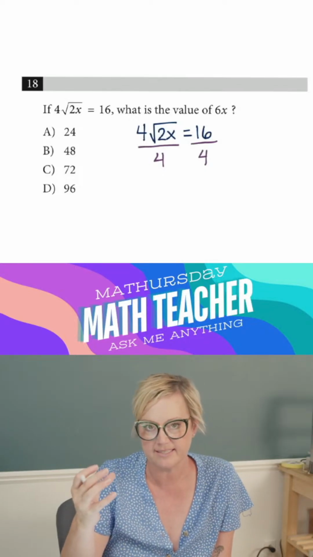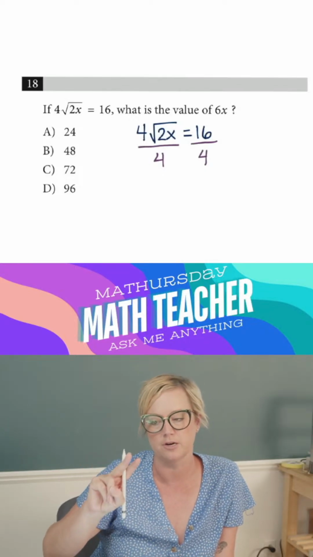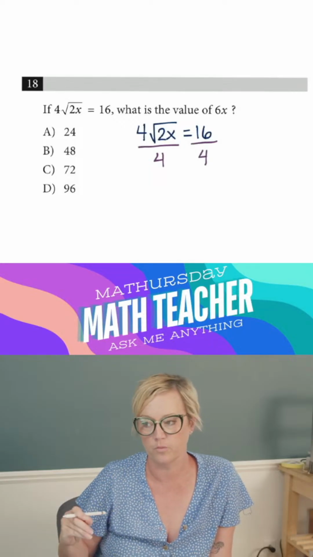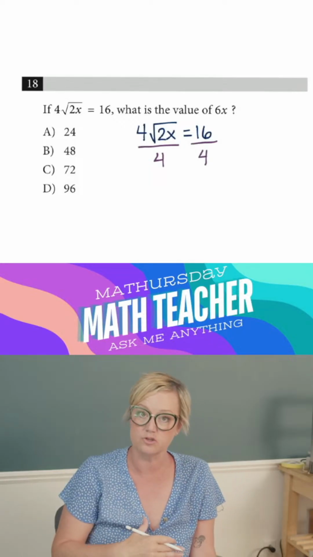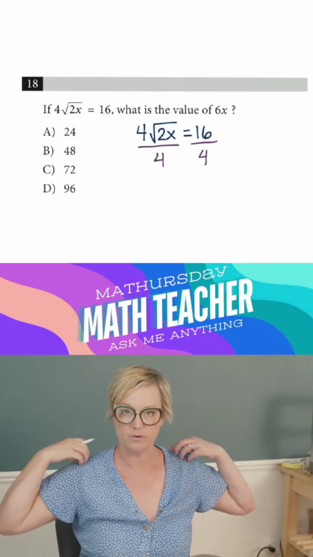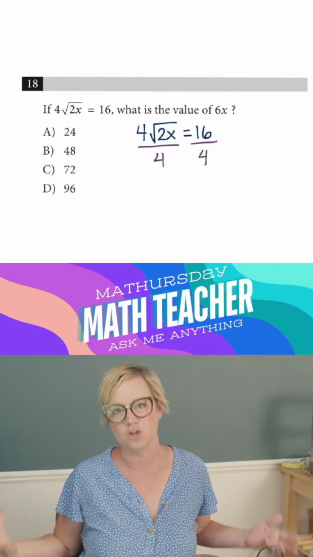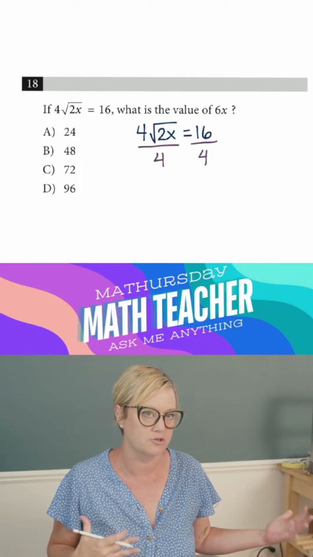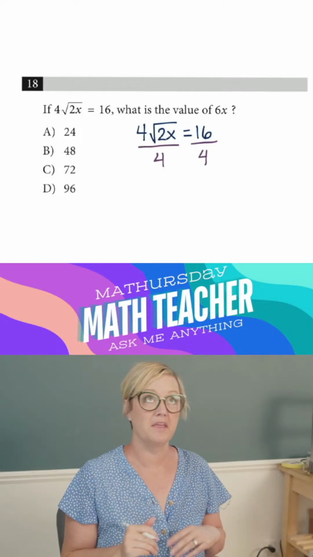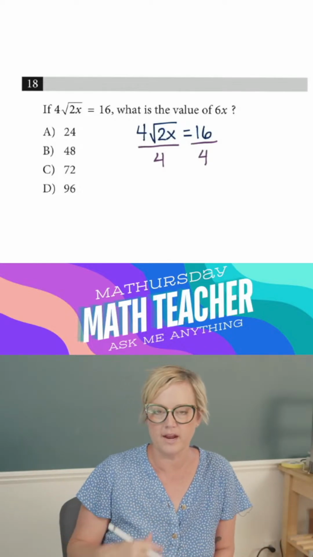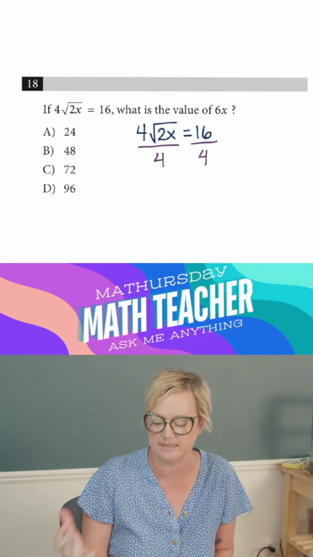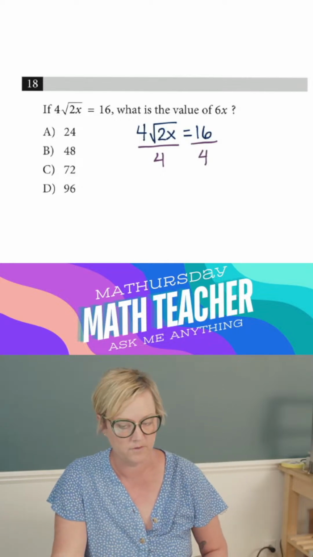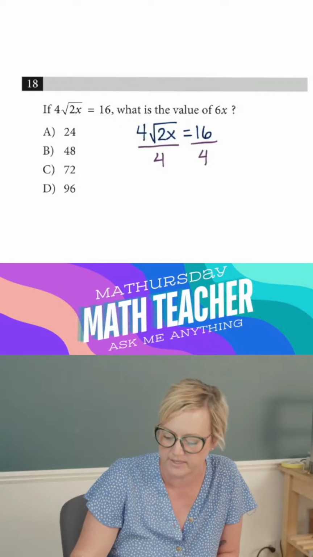So when we talk about the SAT, there's really two major strategies: either use the answer choices and plug them in and see which one works, or you actually solve the problem and then find your answer out of the choices. So we're gonna do the latter option, right? We're gonna actually solve for x and figure out what 6x is and then find our answer, hopefully, out of our choices.